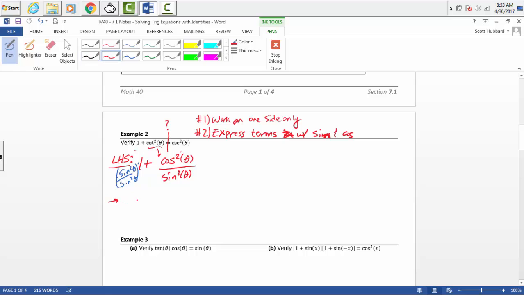Well, then I get sine squared theta plus cosine squared theta, all over the common denominator.